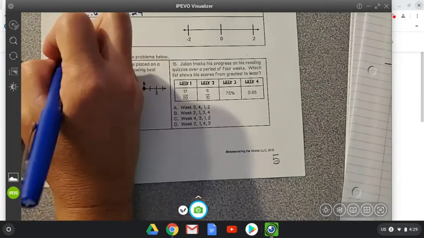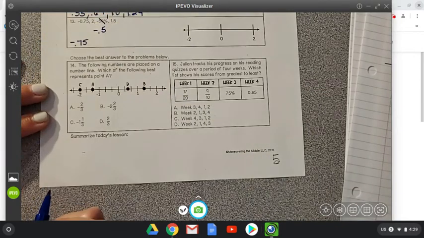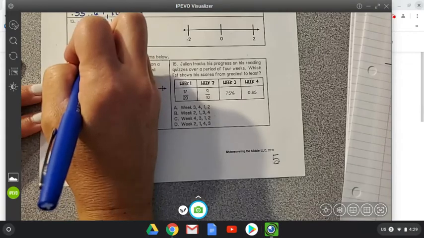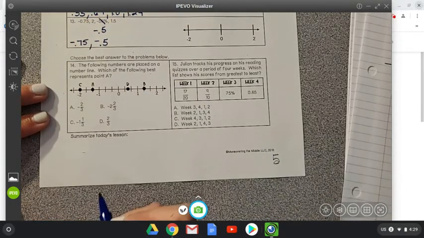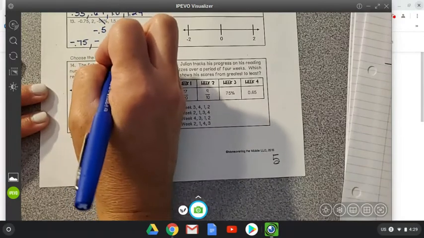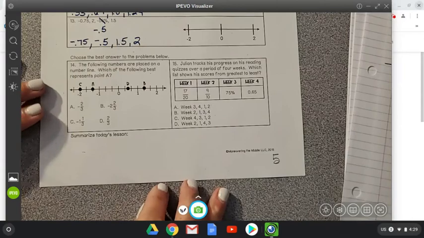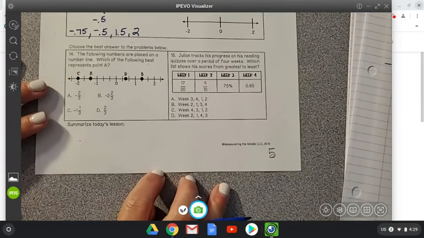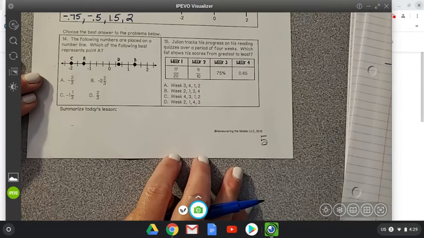So it's going to be the smallest number. And then comes negative 0.5. And then 1.5, and then 2. Okay. Now I'm going to have you guys also do number 14 and 15 on your Ed puzzle.